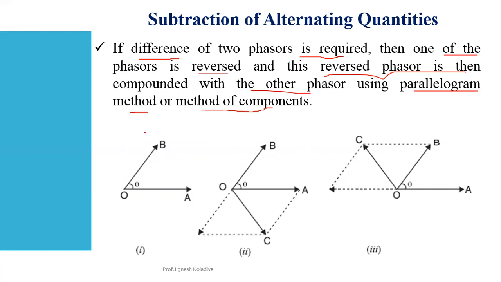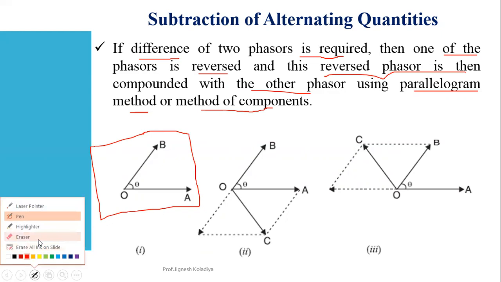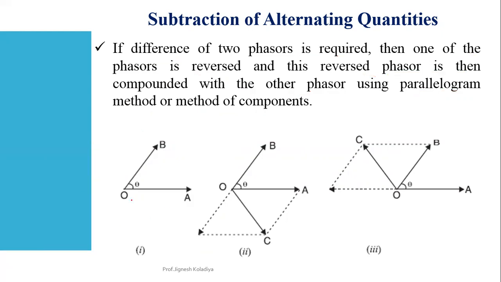Okay, for example, if you see this first figure where we have two vectors, one vector is vector OA and second one is vector OB.